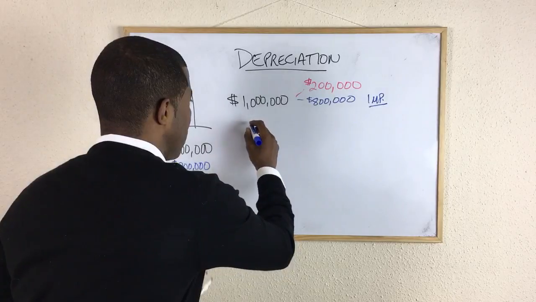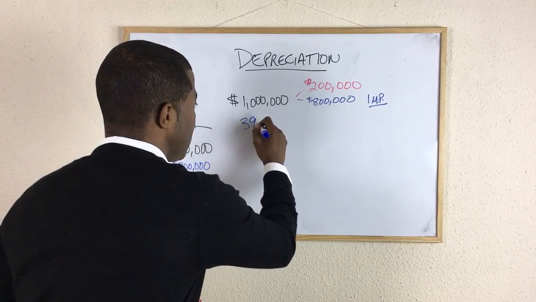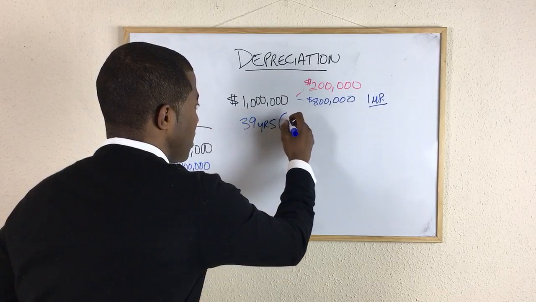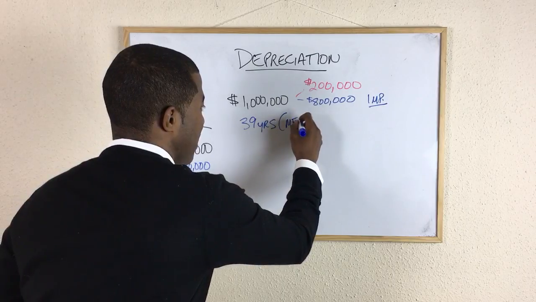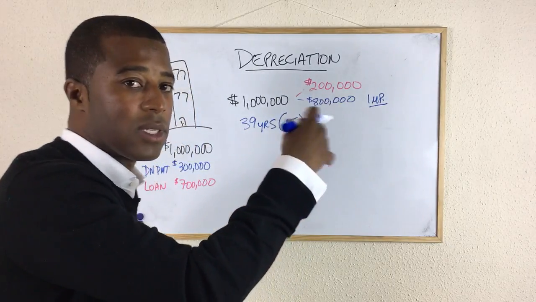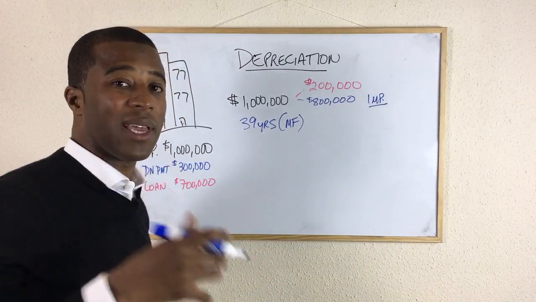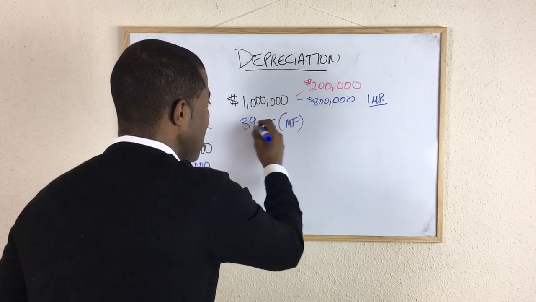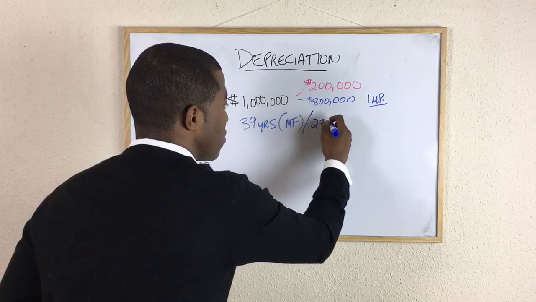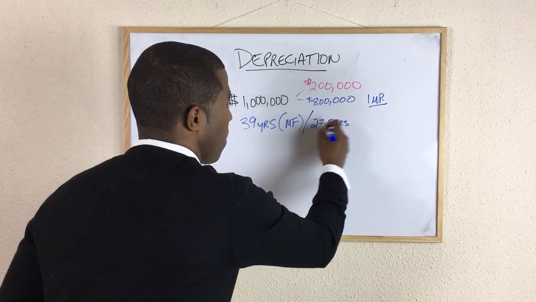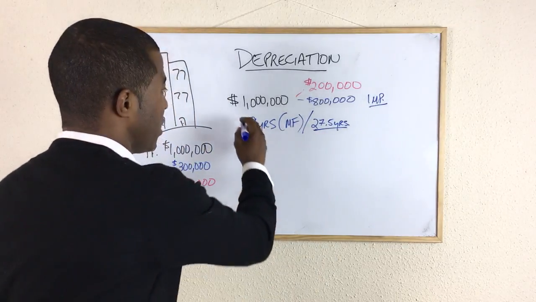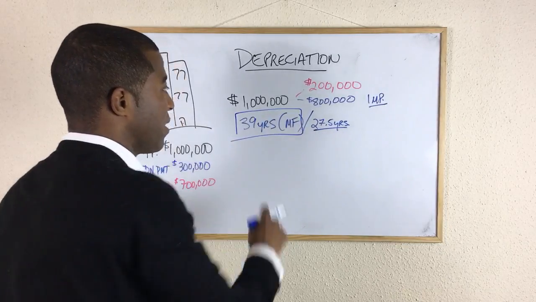And that is done over 39 years because it's a multifamily, over 5 doors, et cetera. For those of you who are looking at houses, this is typically done over 27.5 years. But we're going to focus here on the multifamily.